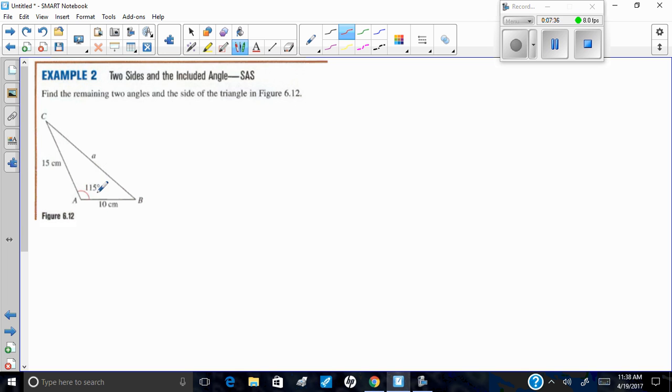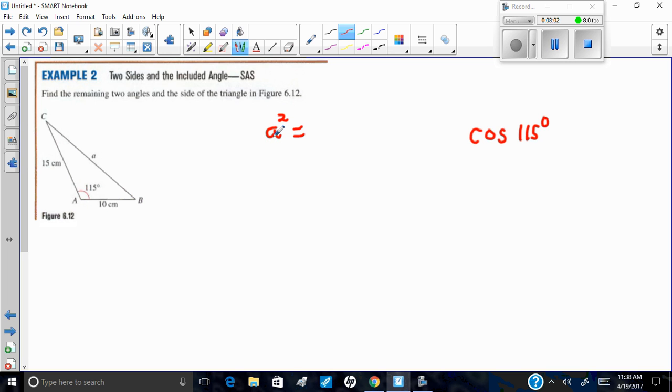I have to use my angle, so if I think about my formula, I'm going to work backwards on this one. This is the cosine of the given angle. So I'm going to jump all the way over here and say I need the side across from it. That's the piece that's going to go in front. So this is going to be a squared.